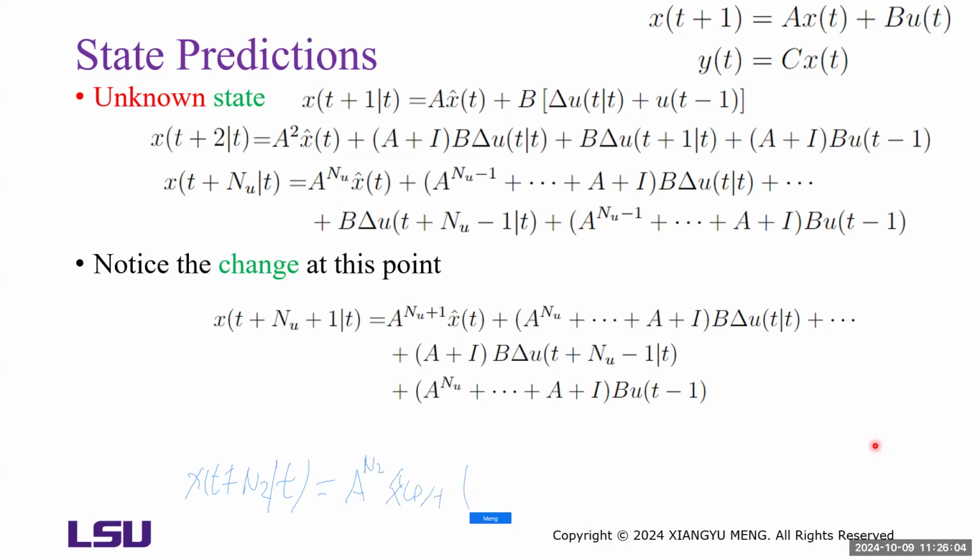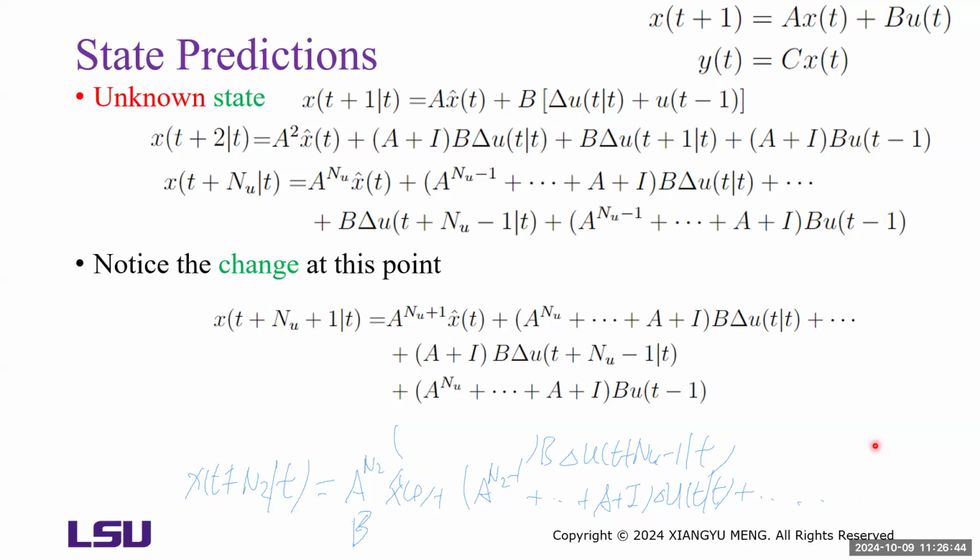Then we have 1 degree less, a n2 minus 1, and so on, plus a plus I delta u t and so on. Then the last one again will be b delta u t plus nu minus 1 condition on t. Okay, let's try to find out the coefficient.